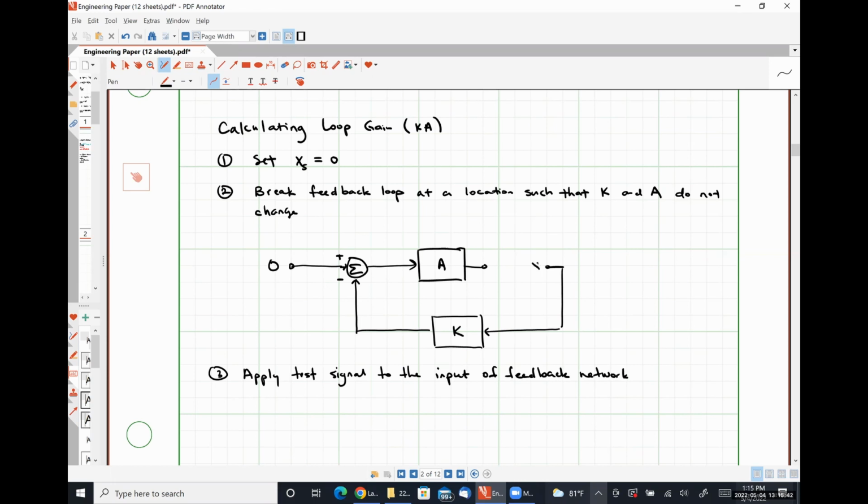So I'm going to call this XT for a test signal. And we measure the return signal at the output of the amplifier.